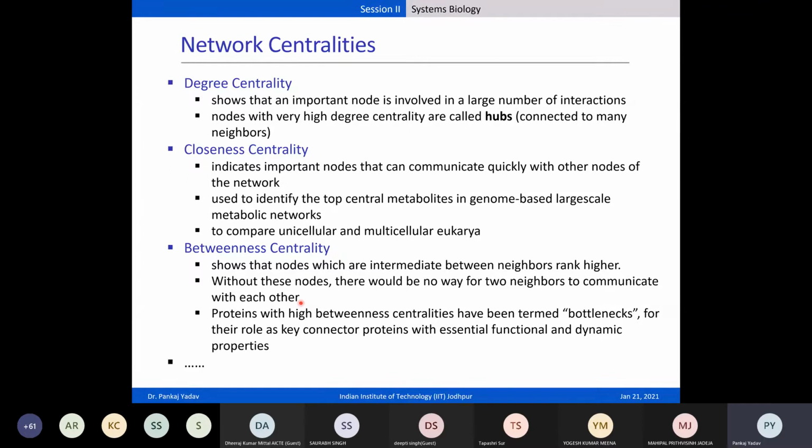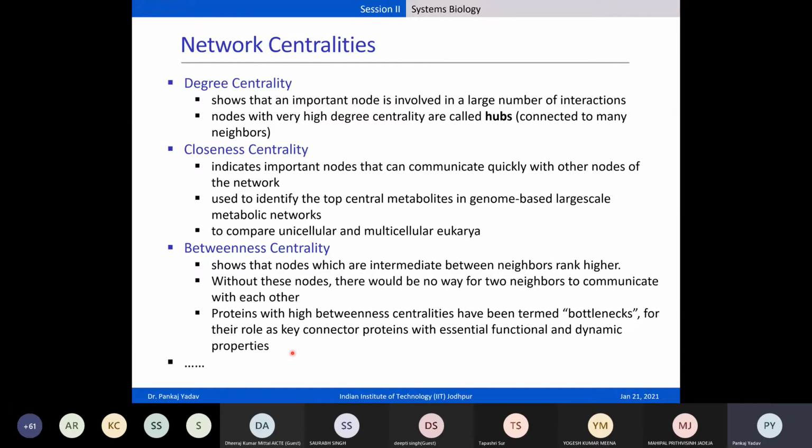So people have found proteins which have high betweenness centrality, and they have been termed bottlenecks for their role as key connector proteins with essential functions and dynamic properties.